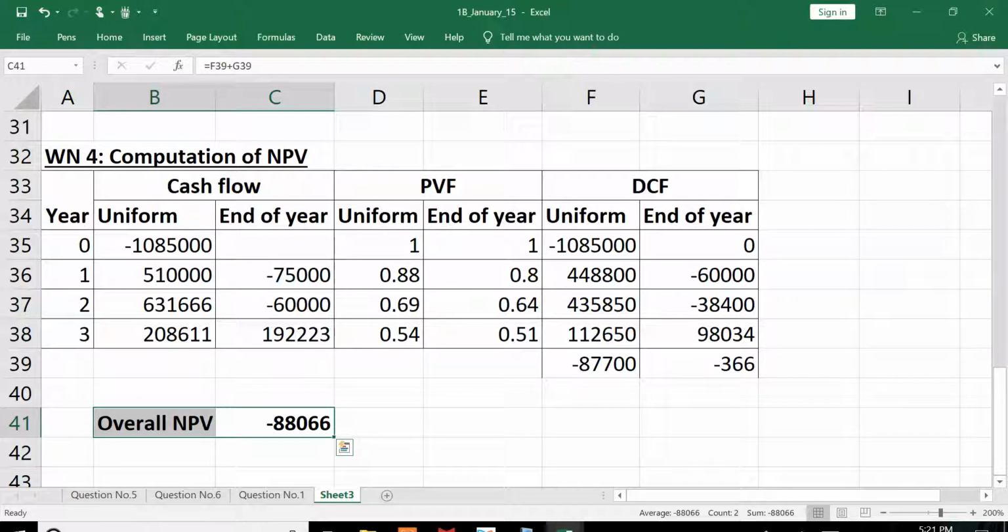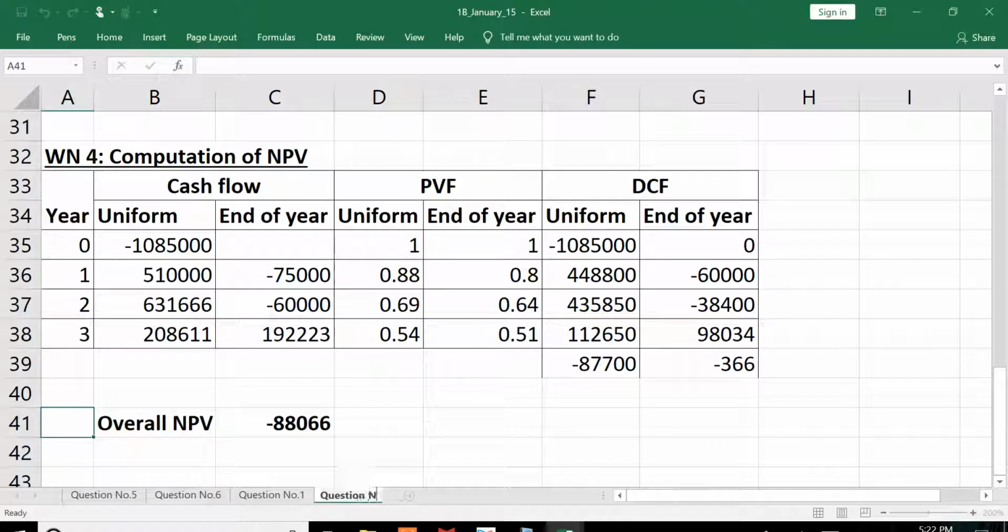The overall NPV is negative, we'll reject the project. We are just distinguishing the cash flows as uniform cash flow and end of year cash flow.